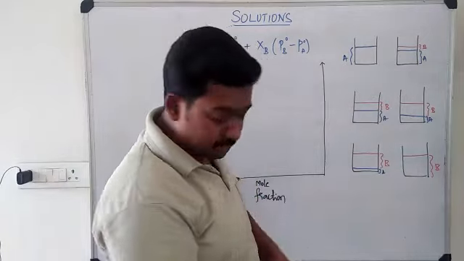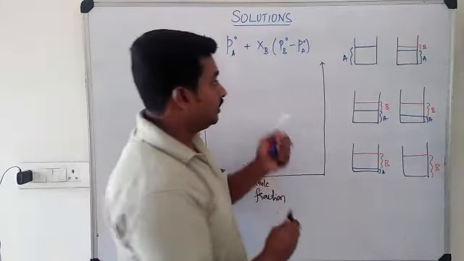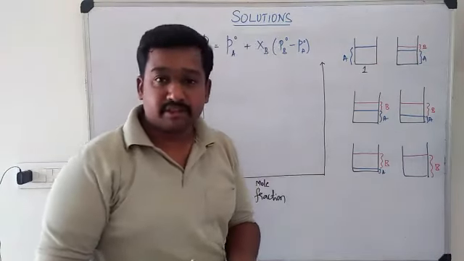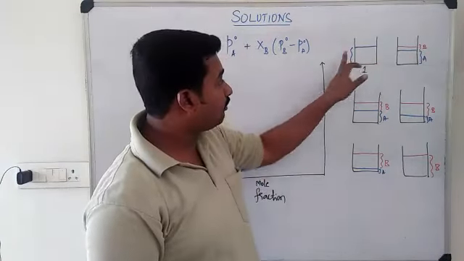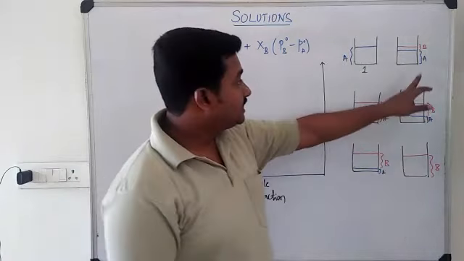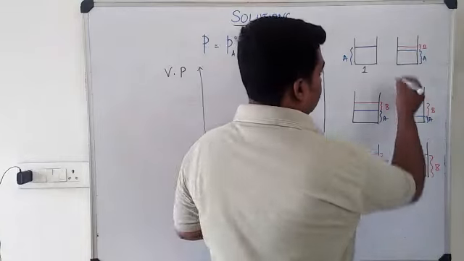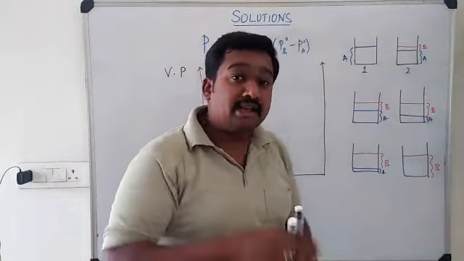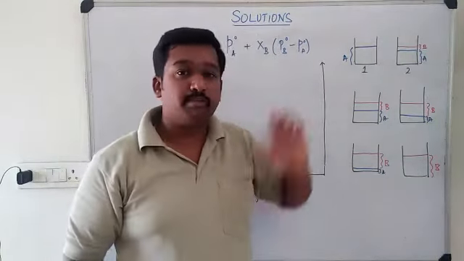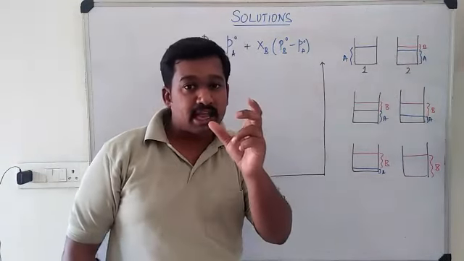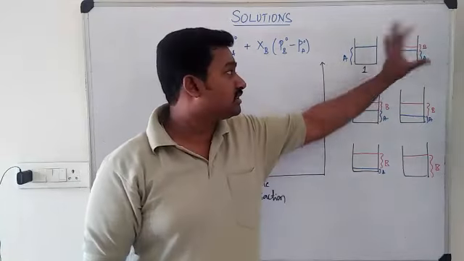In first case, number 1, I have chosen completely the liquid one, that is A. In first beaker, I have 100 ml of only A. In second beaker, I have made a difference here. In this second beaker, I have about 80 ml of A and 20 ml of B. That means I have made a binary solution in this case.